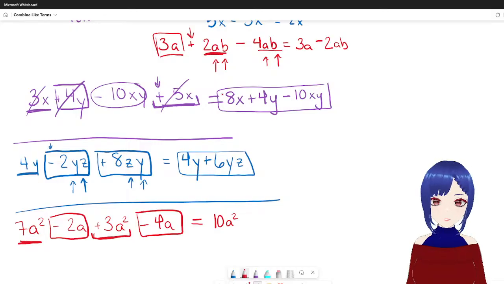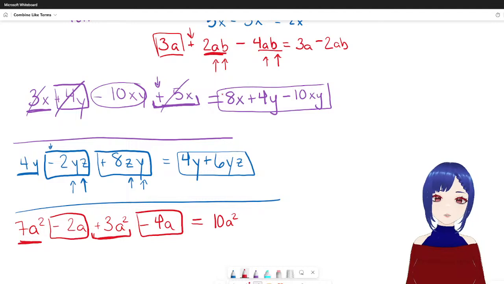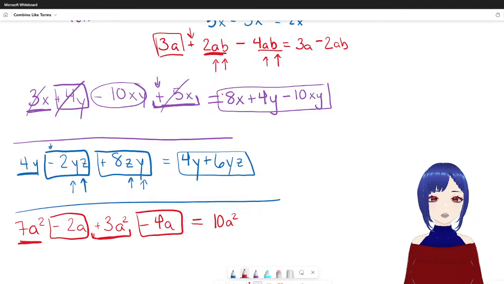Negative 2a, because it's a minus sign, negative 2a minus 4a. And this is another thing where I use different phrasing because I find it helps things make more sense. If we do a negative and we subtract from it, it's going to get more negative. More negative is a phrase that I like to use because it helps people.